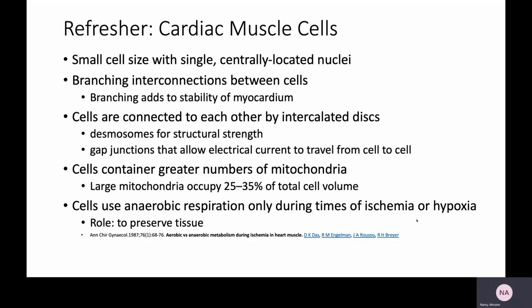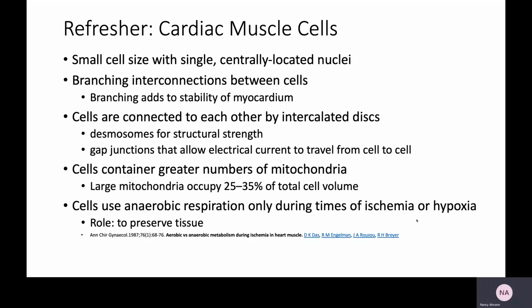These cells are going to be interconnected with intercalated discs. They are specialized areas which include desmosomes, which add to the structural strength of the cardiac wall, and very importantly, gap junctions, which are going to allow electrical current to travel from cell to cell because you want those cardiac muscle cells to act like a unit.